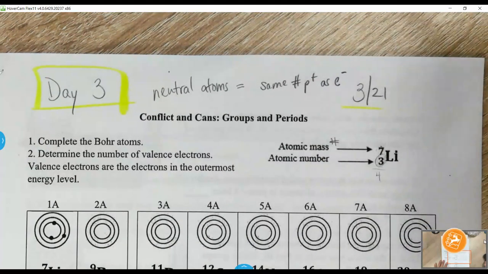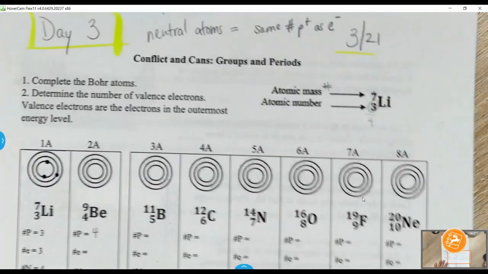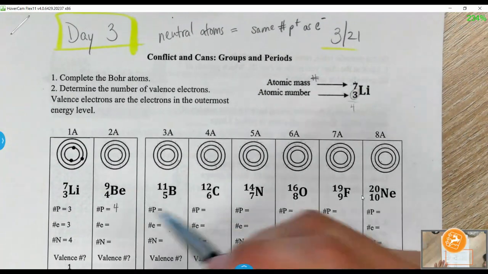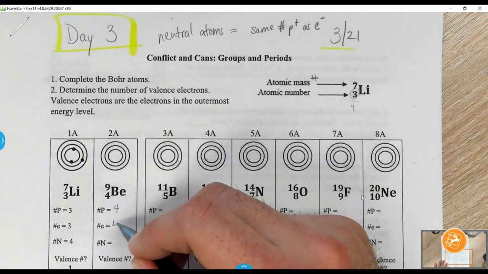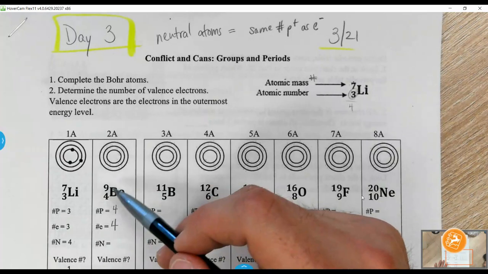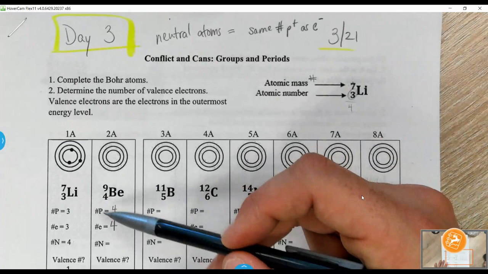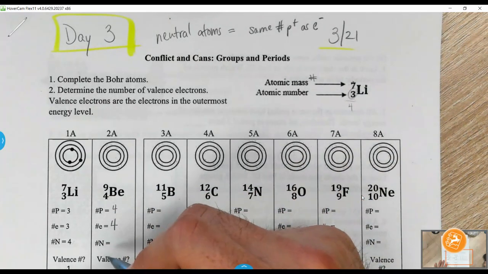So their charges balance out. That's why we're going to have 4 electrons here. Now, how am I to determine the neutrons? Well, I'm going to do mass number minus atomic number. What's 9 minus 4? It is 5.